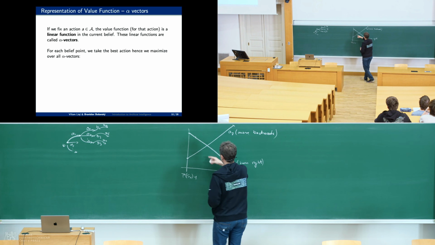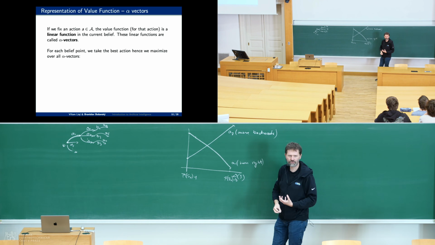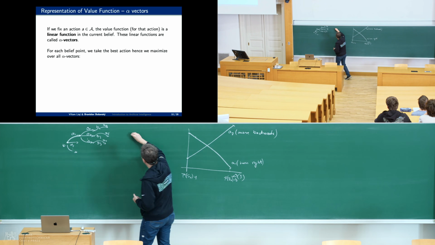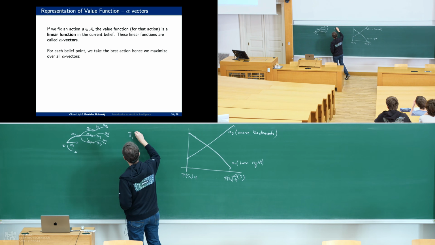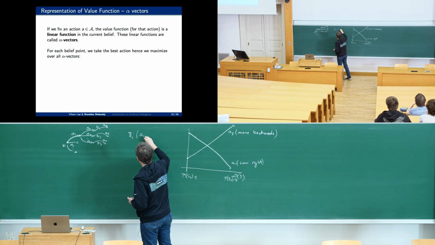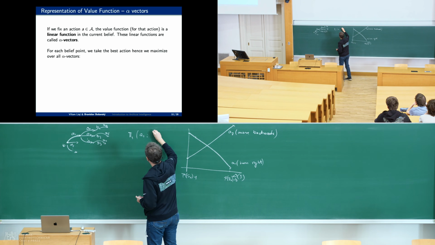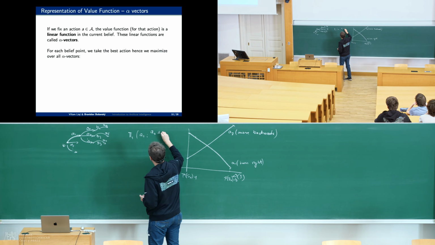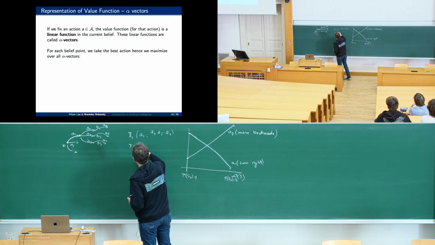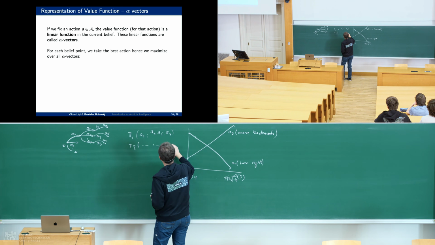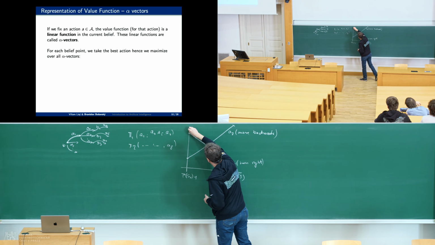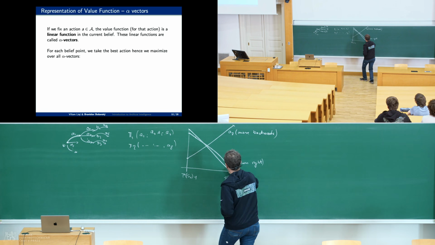So I can have some linear function that corresponds to my two-step policy P1. This is one two-step policy that can be A1 and then A4, A5, A7, and then I have P2 that can be almost the same, and here I will have A8, and one of those linear functions can, for example, look like this.